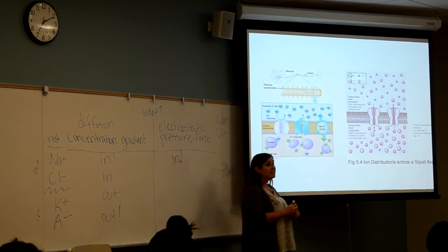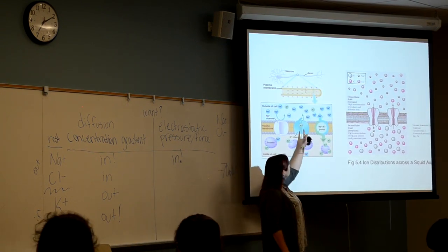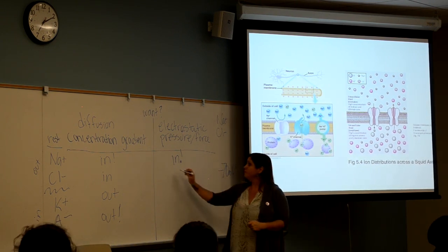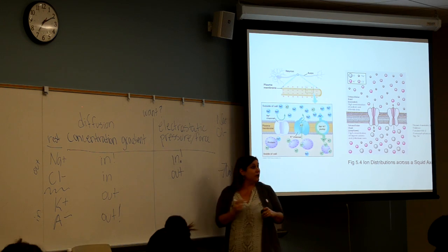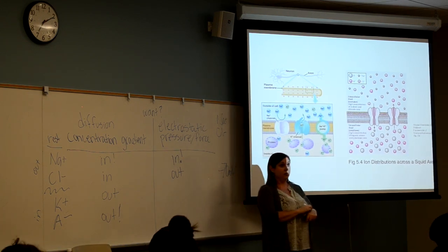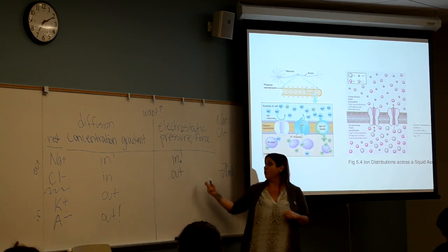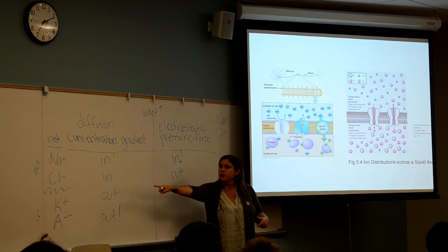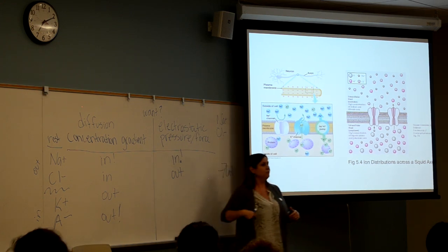Now chloride is negative. So what should it do? Stay outside. Because it's very negative inside, and negative pushes away negative. So negative, stay outside, according to electrostatic pressure. How about potassium?